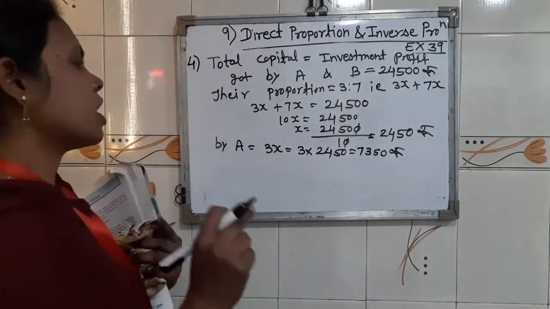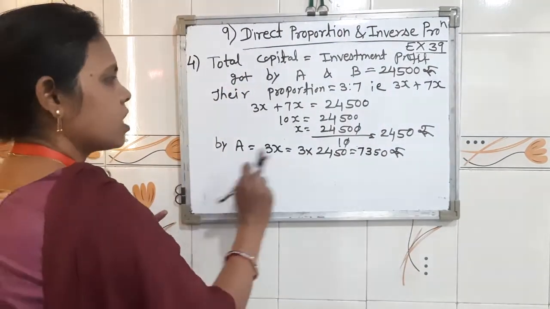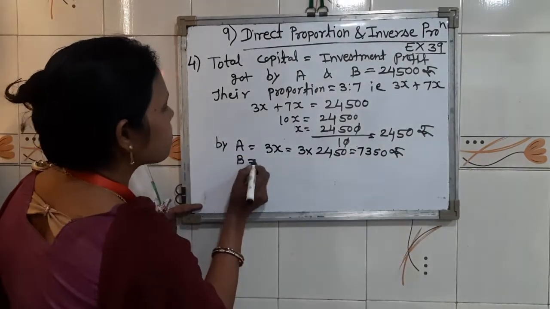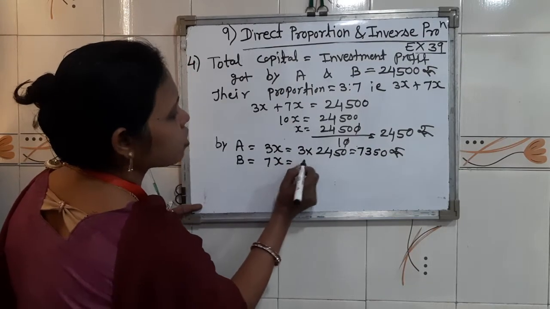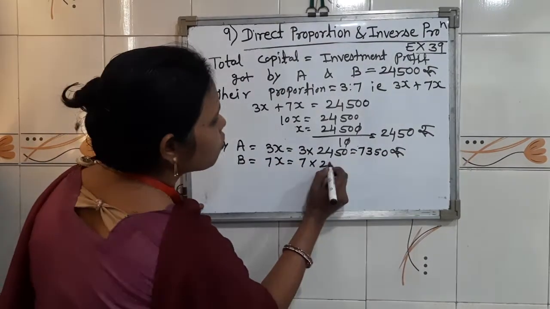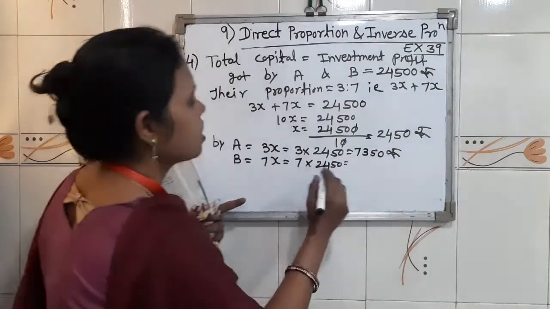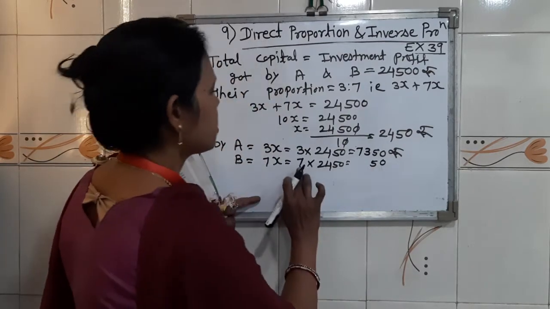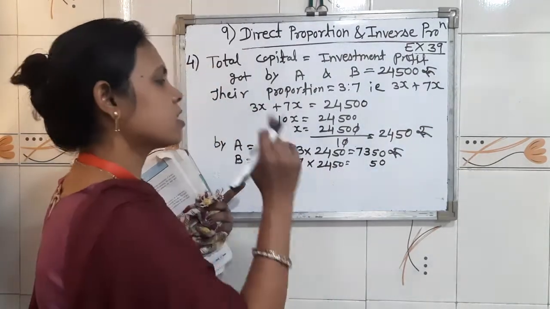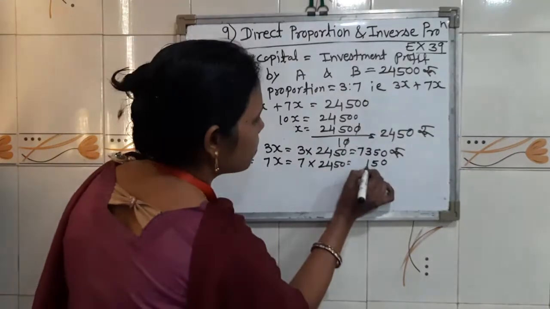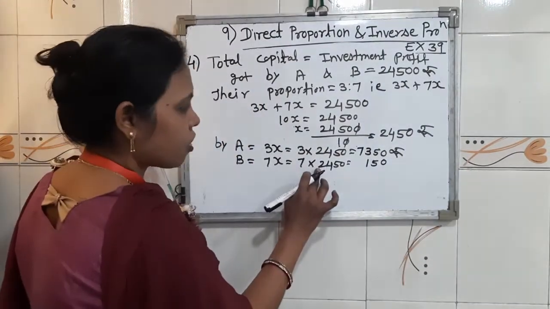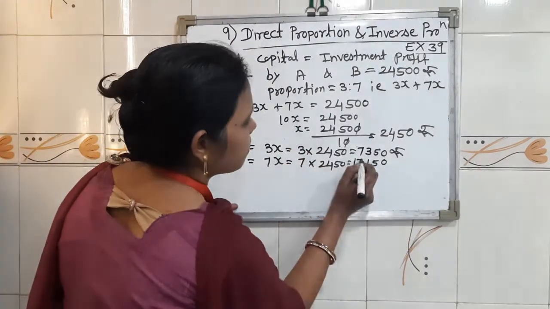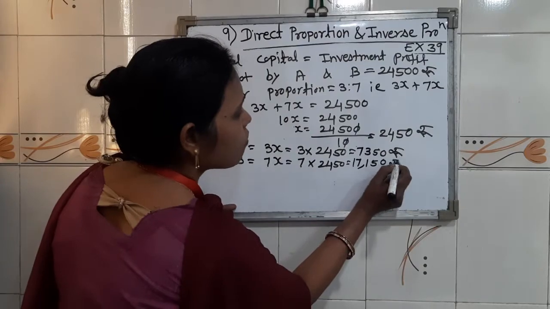So children, investment done by A equals 7350 and investment done by B equals 7x equals 7 into 2450. 7 zeros are 0, 7 fives are 35, 7 fours are 28 plus 3 is 31, then 7 twos are 14, 14 plus 3 is 17, 17,150.